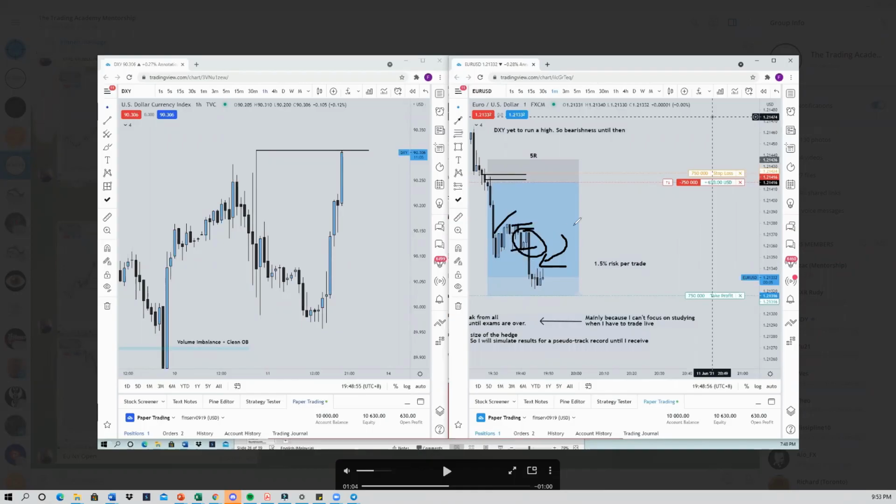So when price comes back over here, we should see almost immediate sensitivity, which is why I did not take partials as well, because I knew it was going to come back in and just fall. Also because this is yet to run through the high.